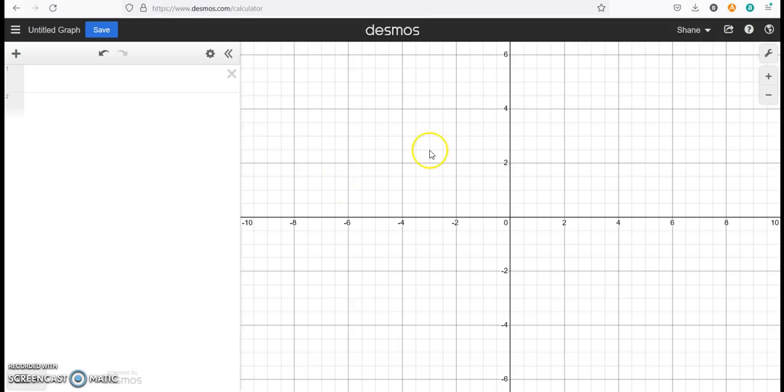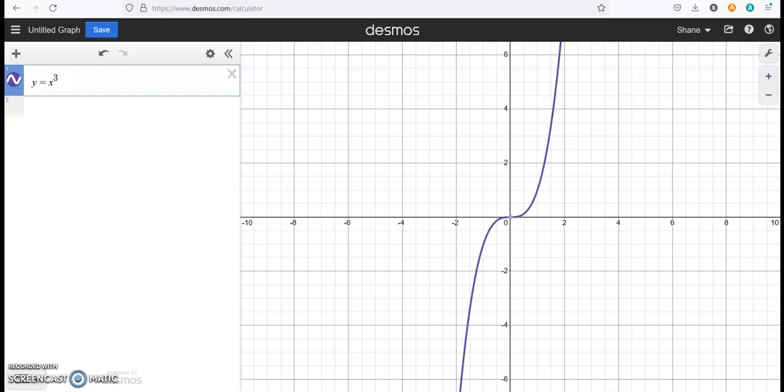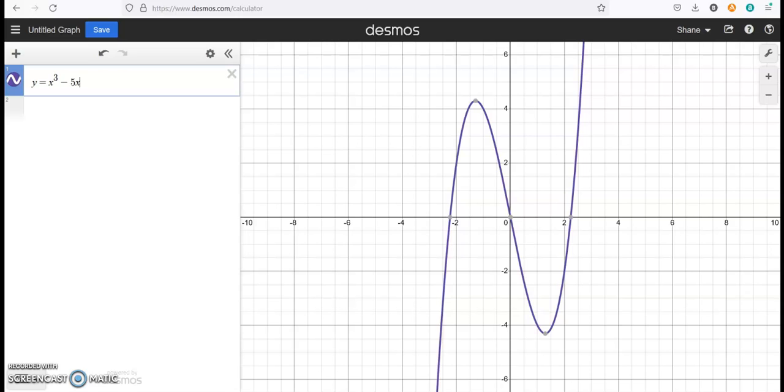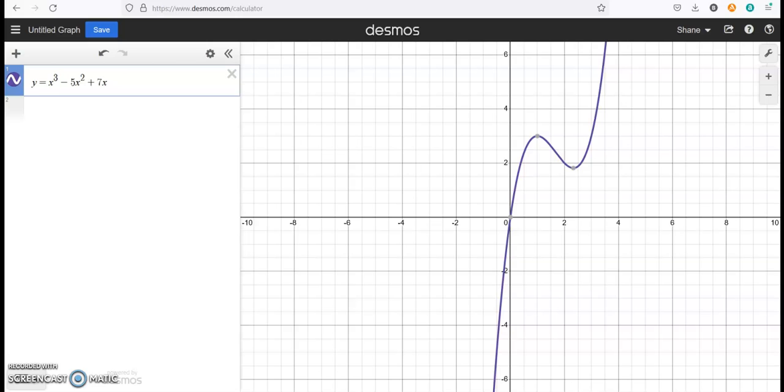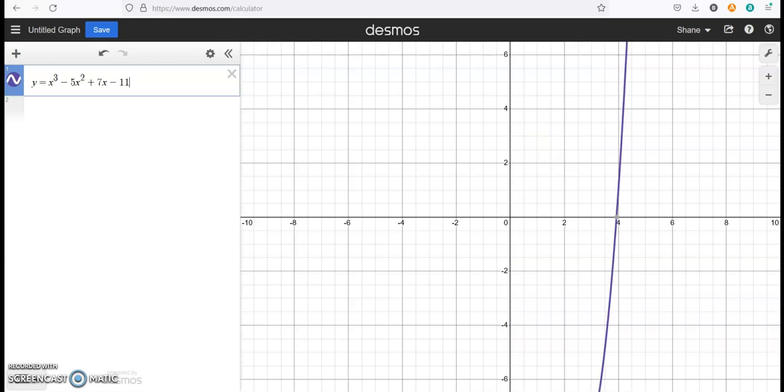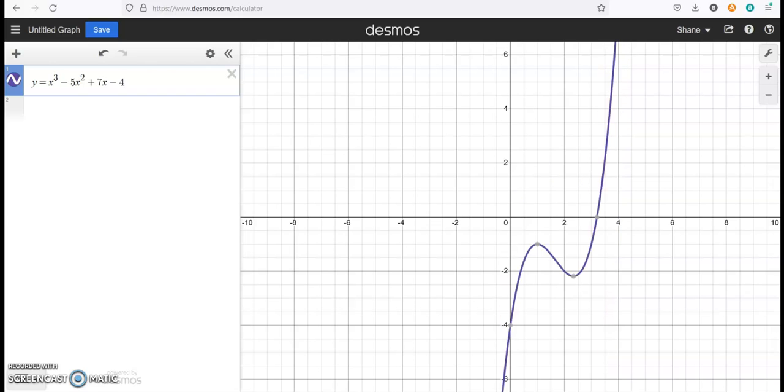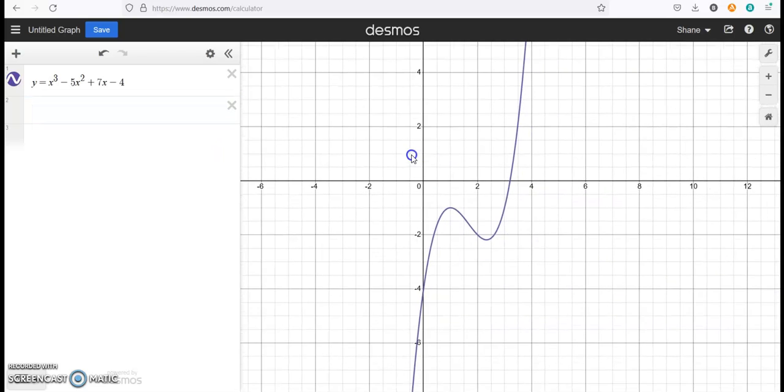If I go ahead and graph a function that I know is differentiable, let's do y equals x cubed minus 5x squared plus 7x minus 4. There we go. And we see our curve here on our screen, and it's a cubic function.